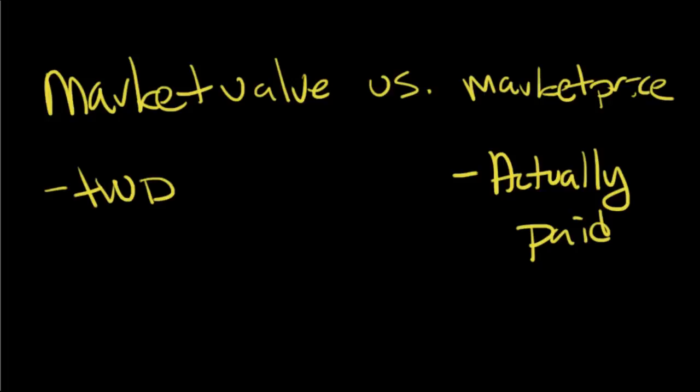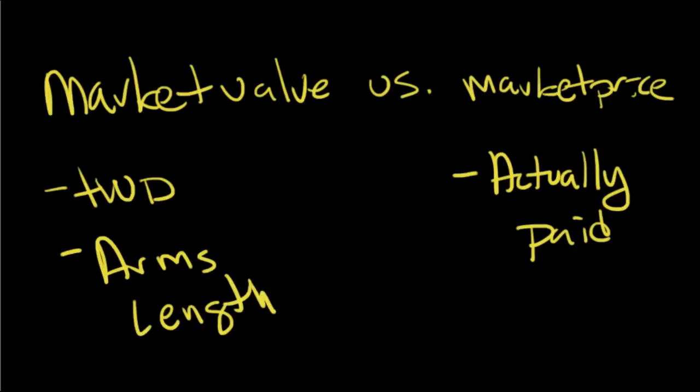In other words, part of this definition includes whether it is an arm's length transaction. Arm's length transaction basically means two parties negotiating a price in the purest of markets, not fueled by some type of undue stimulus, as they say.